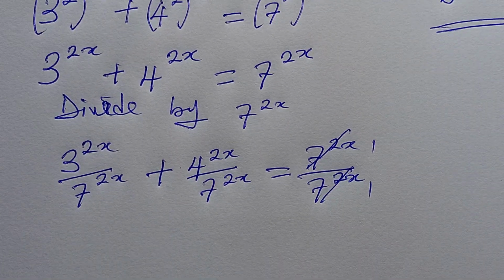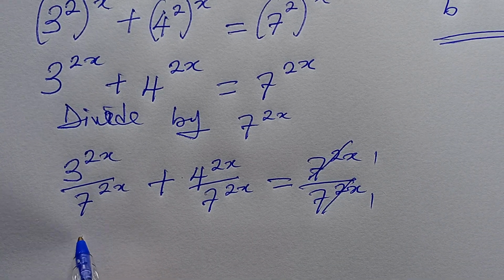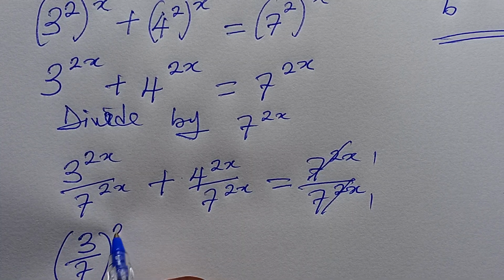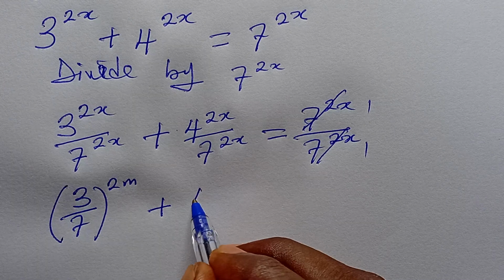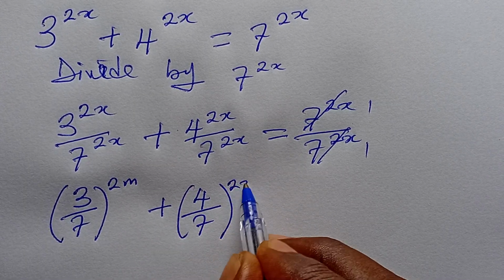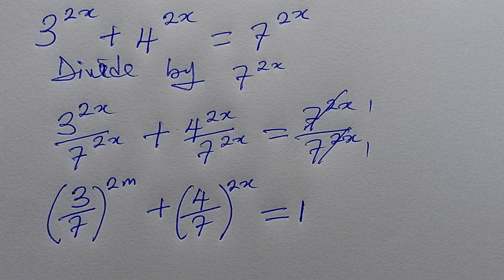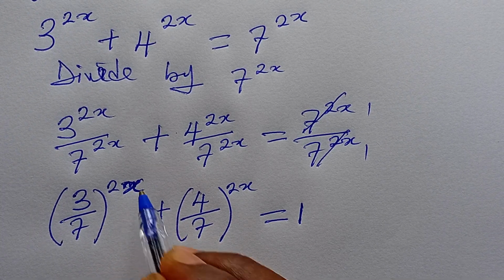So with that, we can rewrite the quantities on the left-hand side to give us 3 all over 7, all raised to the power of 2x, plus 4 all over 7, all raised to the power of 2x, equal to 1. Sorry, this is x here, not m.